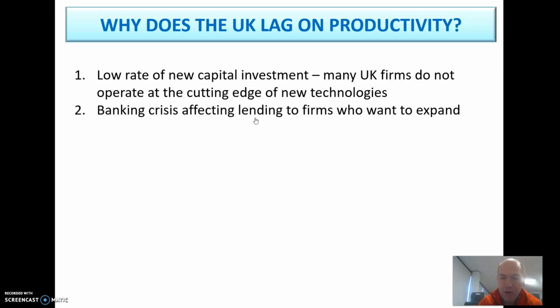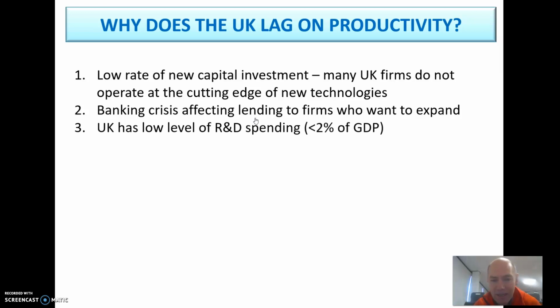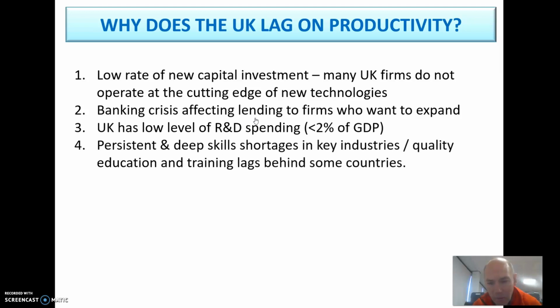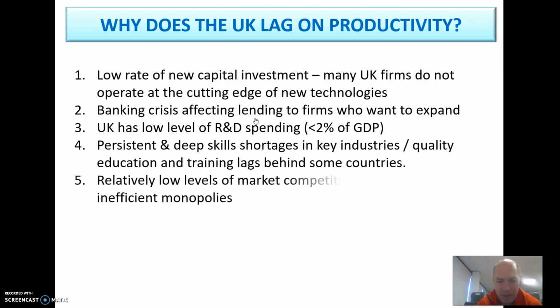Though that's over, there's a legacy of that non-investment during that time. We also have a low level of research and development spending. We have persistent and deep skills shortages in certain industries, and also the quality of education and training is below that of a number of countries.